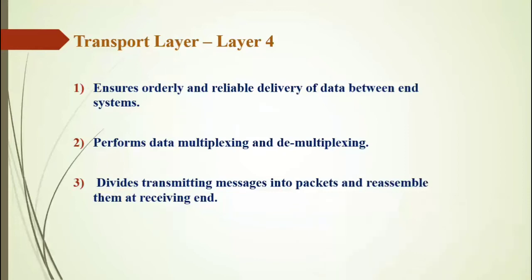Data in the transport layer is referred to as a segment. As I already said, in the network layer data is referred to as packets, in the data link layer it will be frames, and in the physical layer it will be raw bits. In the transport layer, it will be a segment, a message.